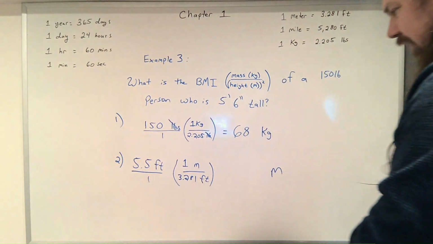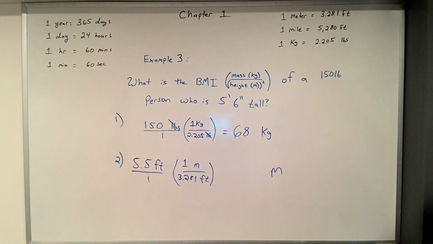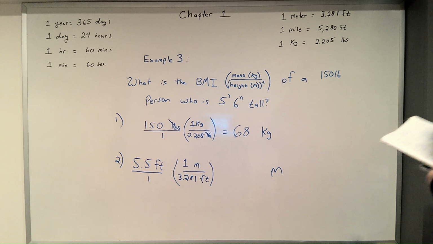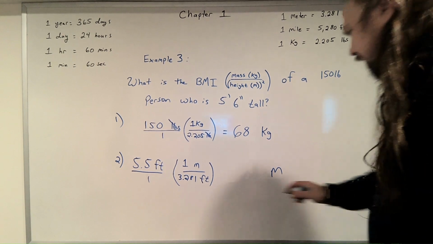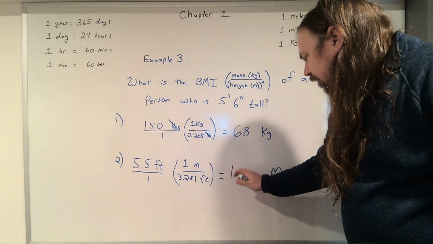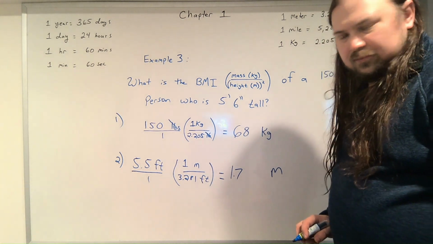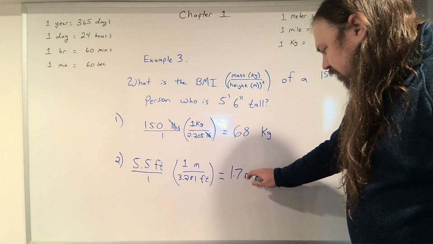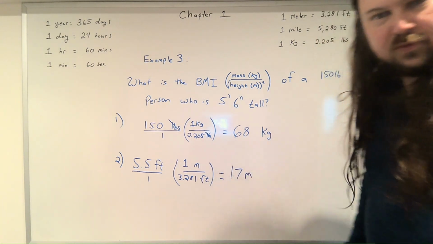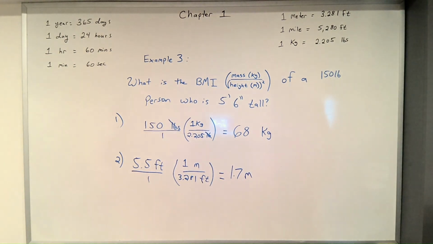If we take 5.5 times 1, we get 5.5. If we get 1 times 3.281, we get 3.281. Let's take and divide those right off the bat, and we'll get around 1.7 meters. Okay, 1.7 meters. Okay, 68 kilograms, 1.7 meters.